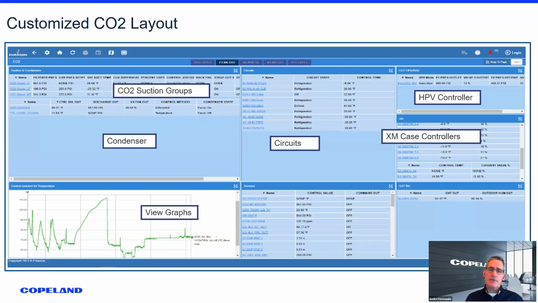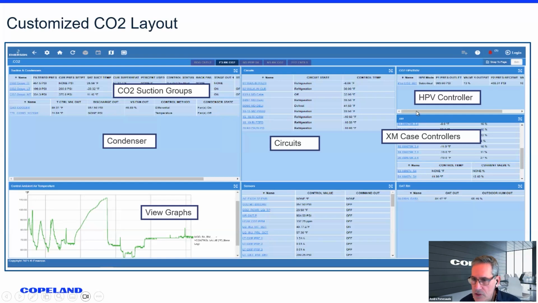And if you do have an E3, then you can customize that main screen. You go to your home screen, pick your RX layout, and boom, you can customize it to have all your CO2 suction groups. You can look at your condensers. You can look at your circuits.